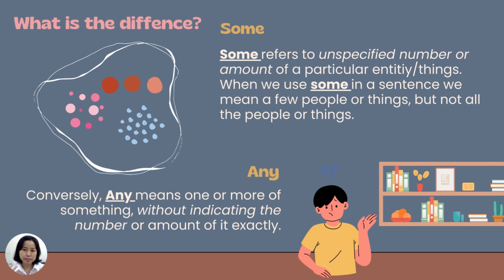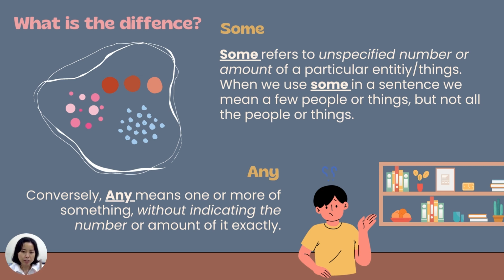With some, we refer to an unspecified number or amount, but we're talking about some amount of those particular things that we are talking about. But with any, we refer to something without indicating the number or amount of it exactly.